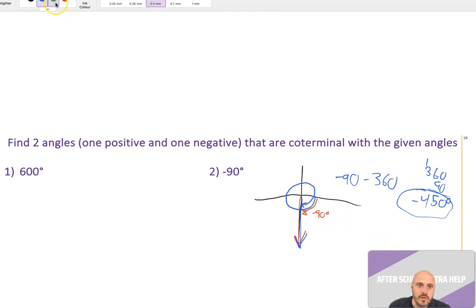And now let's get a positive coterminal angle. So if instead I go in the positive direction, I go all the way, oops, I almost missed my angle, all the way around, and so that I have a positive coterminal angle, well, what's that? You can probably just look, I went 90, 180, 270, but even if you couldn't, our shortcut here in all these questions with coterminal angles is we're really just adding or subtracting 360 degrees, right?